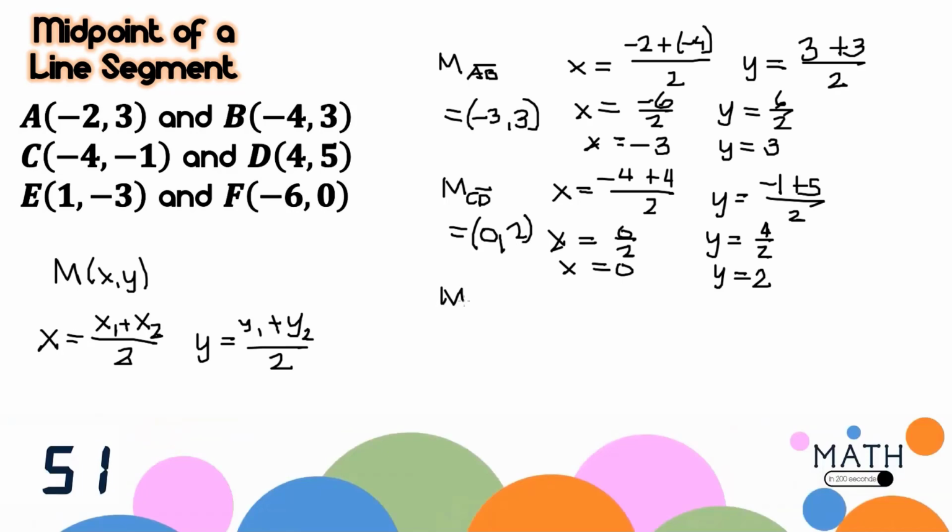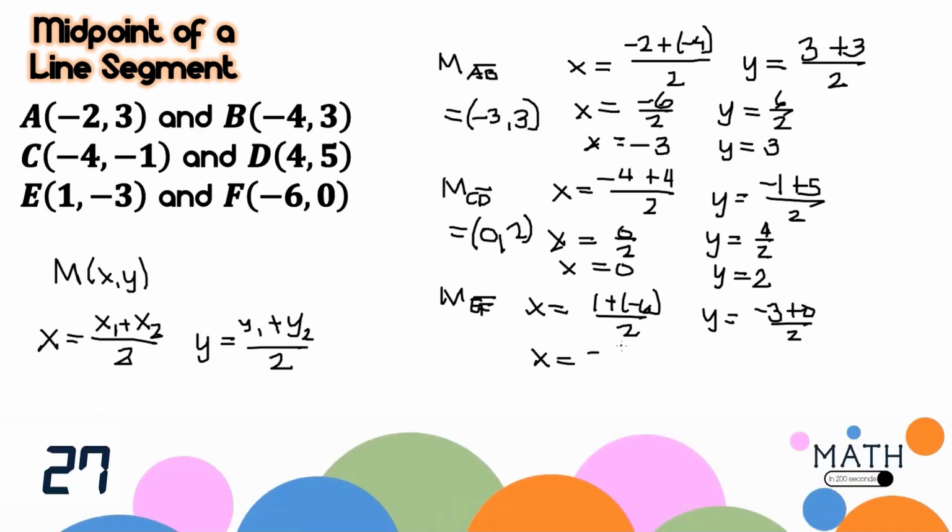And finally, for the line segment EF, your x here, you have 1 plus negative 6 over 2. And for your y, you have negative 3 plus 0 over 2. There are also some instances where your answer would be a fraction.